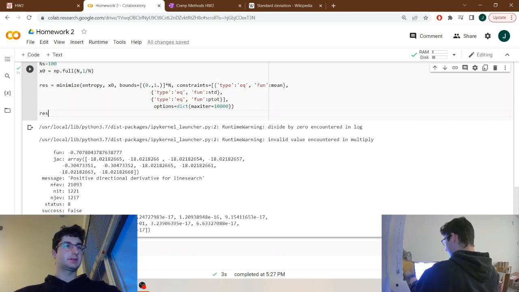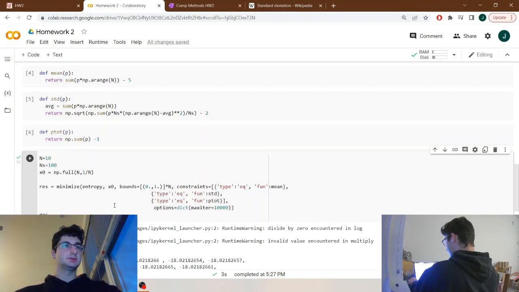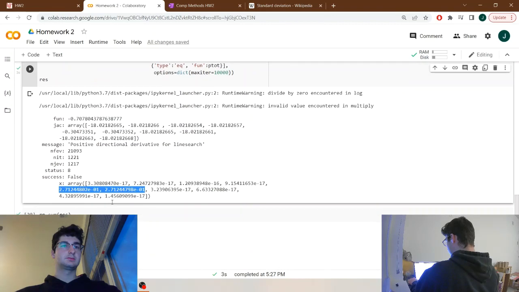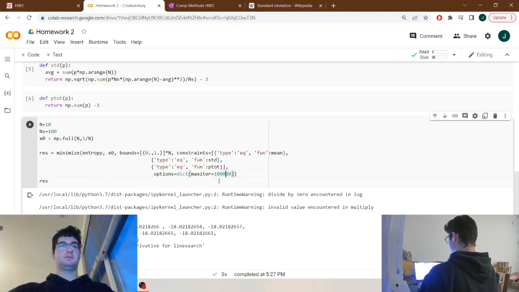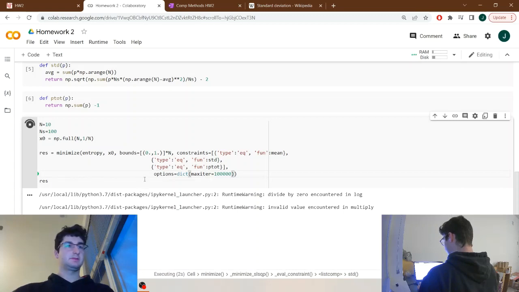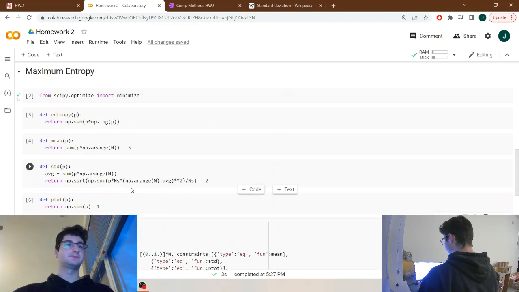So it looks like all of our values, aside from these two, are extraordinarily small. Oh, let's keep going. Still false.